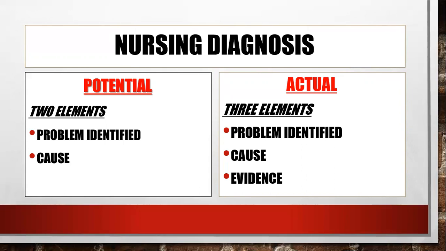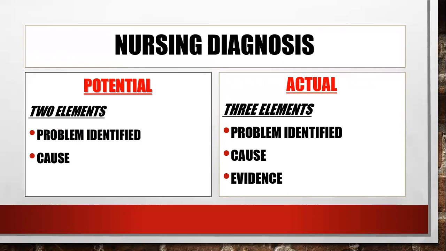Now, if this is a potential problem, you will write that this is now risk for fluid volume deficit. Coming to the nursing diagnosis, how do we write the nursing diagnosis for risk of fluid volume deficit? Remember, it has two components that are very important.